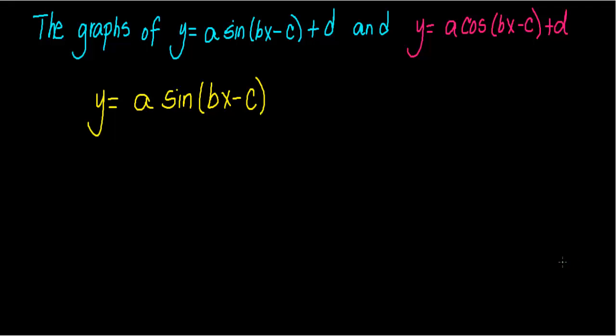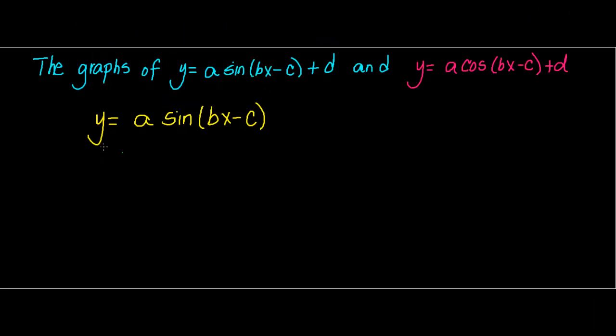In this video, we're going to discuss the graphs of sine and cosine. Let's start with sine, and the same goes for cosine. This letter A in front of the sine function, this coefficient A, we call this the amplitude.